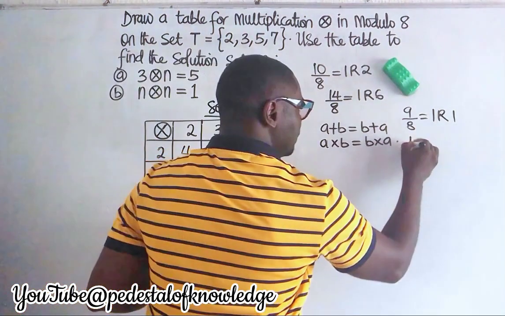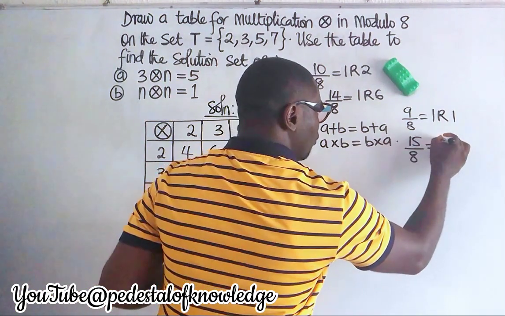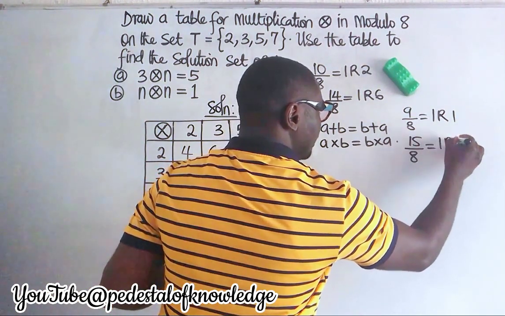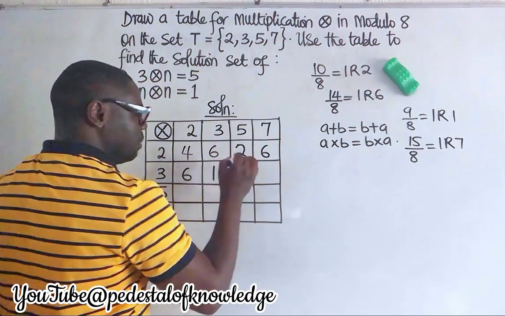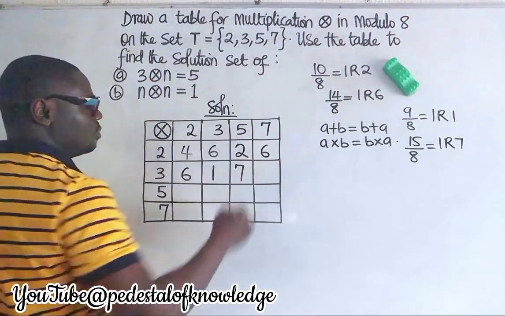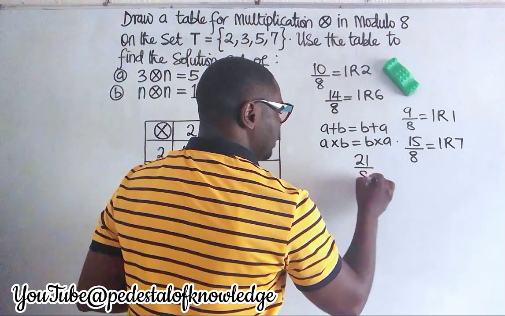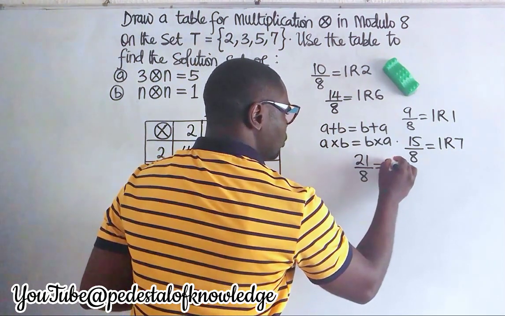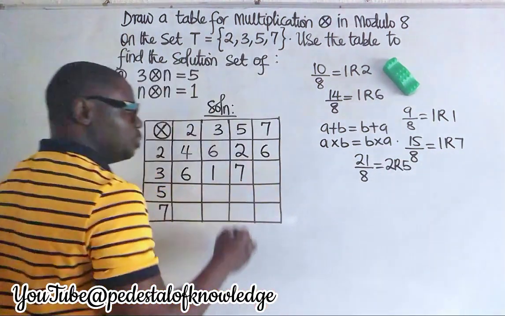We now divide 15 by 8. 15 over 8 will give us 1 remainder 7. So you put down the remainder 7. Alright, now 3 times 7 will give us 21. Now 21 divided by 8 will give us 2 remainder 5. So you put down the remainder 5.